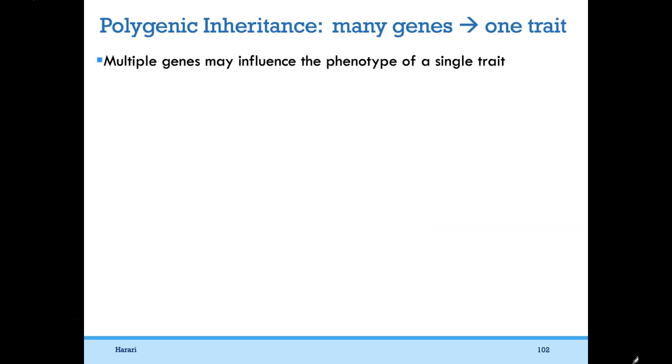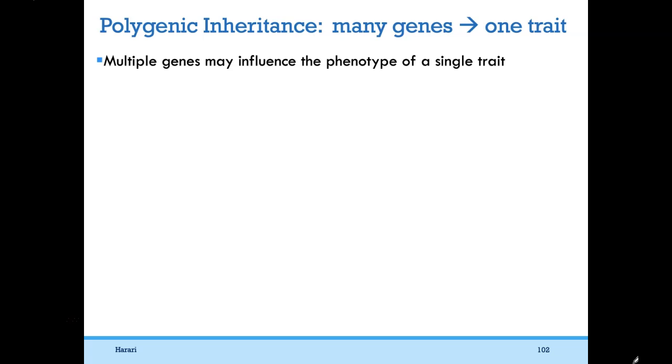So now we could talk about polygenic inheritance, where many genes lead to one trait. So this is the opposite of pleiotropy. In pleiotropy, we said one mutation leads to many different traits. In polygenic inheritance, we're talking about how many different genes influence a single trait. Right?